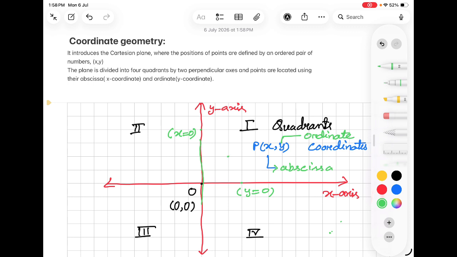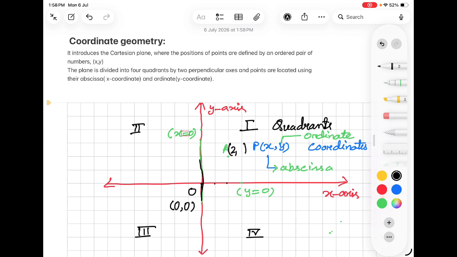Let's take a point A and find out its coordinates. First one is the x coordinate. What is the x coordinate? Distance of this point from the y-axis. This is the y-axis. What is the distance? 1, 2. That means 2 is the abscissa.